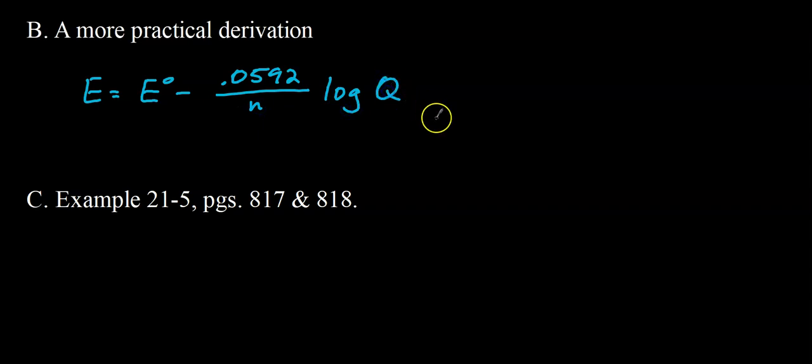This time we have log base 10, not natural log, and this is only for reactions that occur at 25 degrees Celsius or 298 Kelvin. So let's suppose just the concentrations of the solutions are not 1 molar, then we can use this form. Of course, if the temperature is not 25 degrees Celsius, then we have to use the first equation.